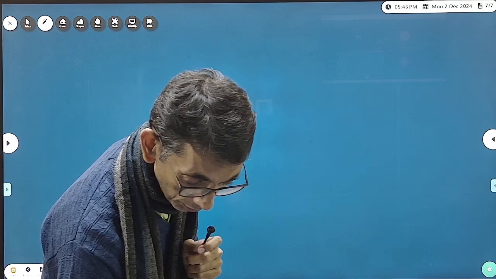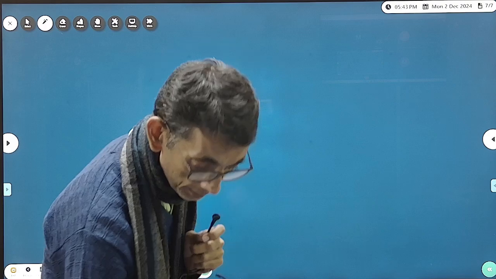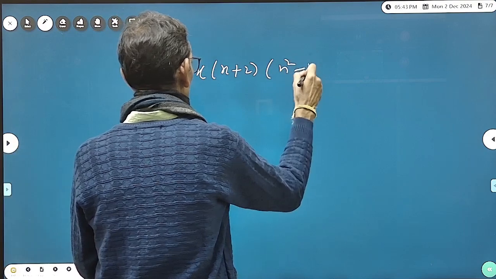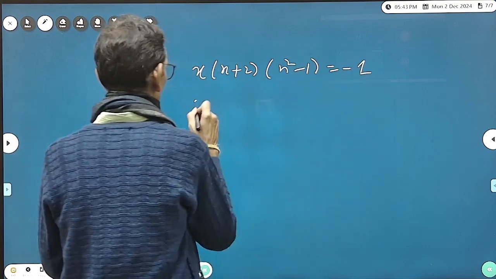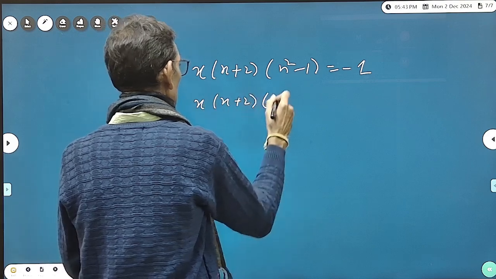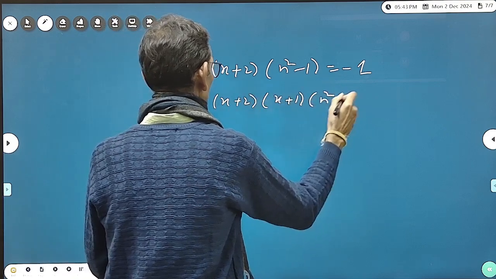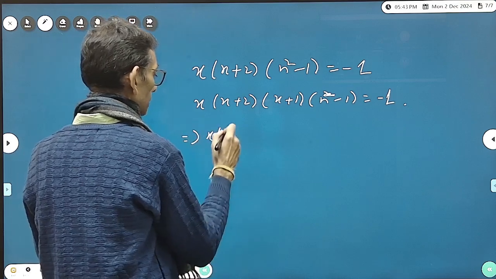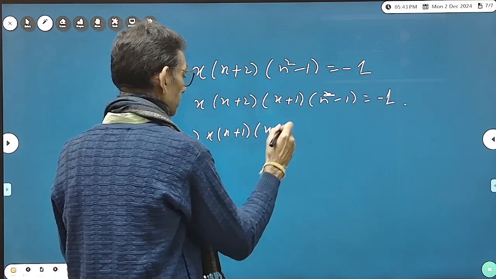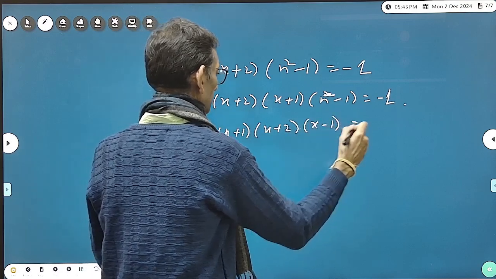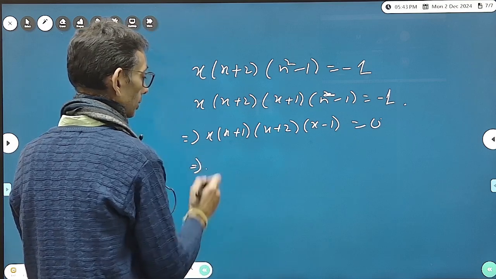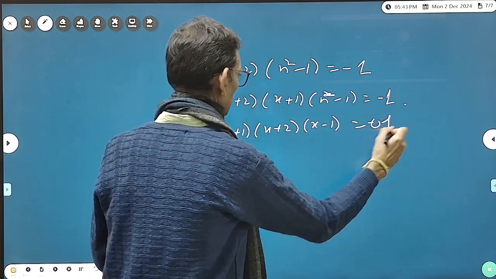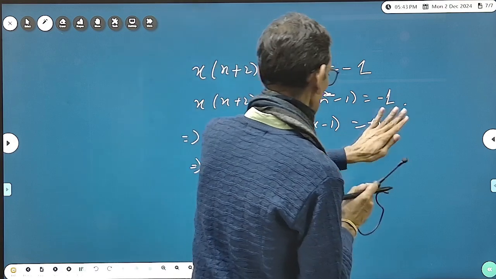So this is not solved, so x plus 2, x square minus 1 equal to minus 1: x plus 2, x plus 1, x square minus x minus 1 equal to minus 1, right? x plus 1, x plus 2, x minus 1, this is minus 1, right?